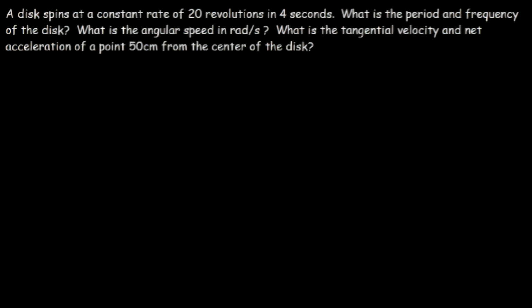Now let's work on some problems. A disk spins at a constant rate of 20 revolutions in 4 seconds. What is the period and frequency of the disk? So let's start with that. The frequency is the number of cycles per unit time.